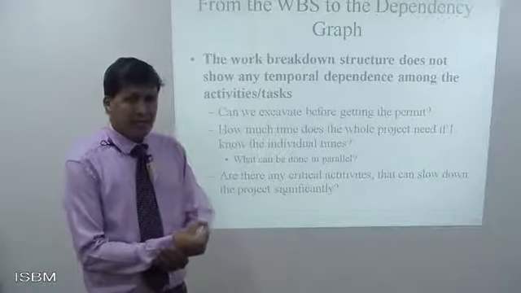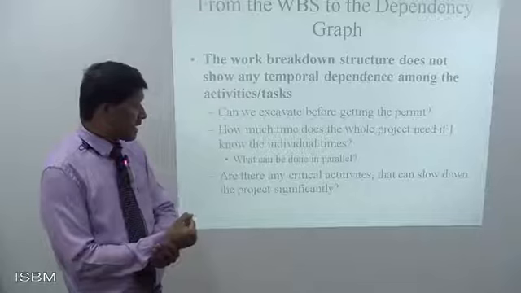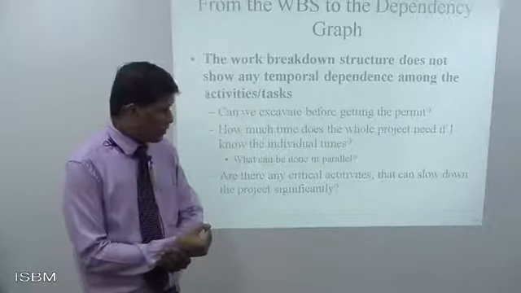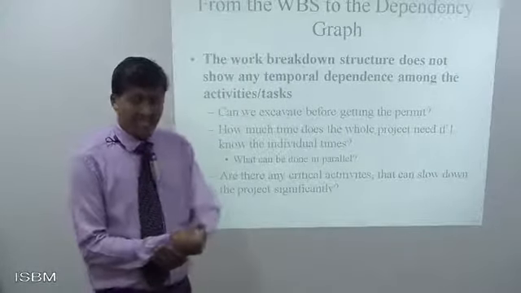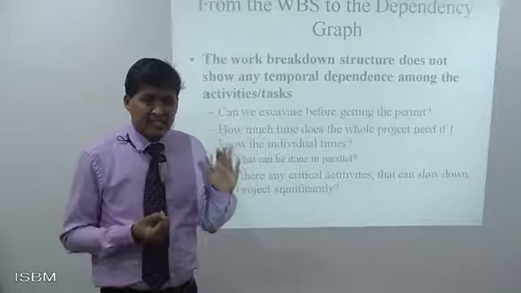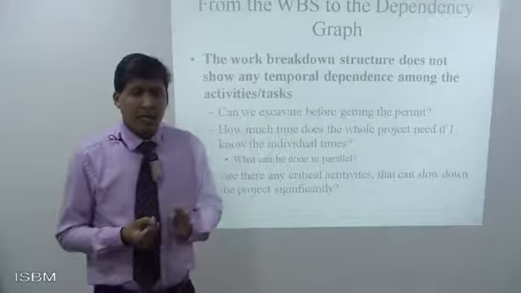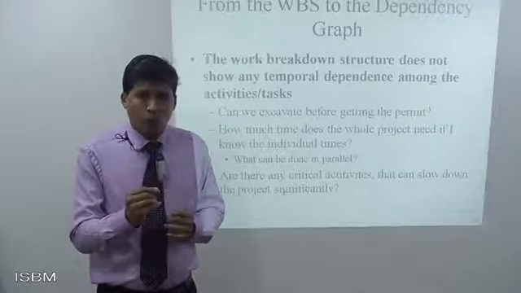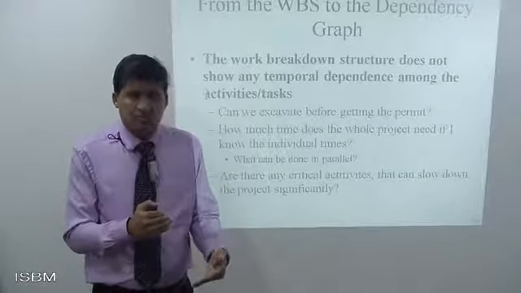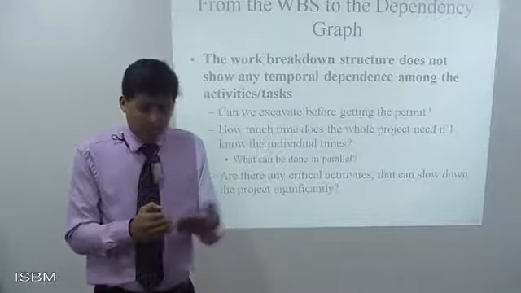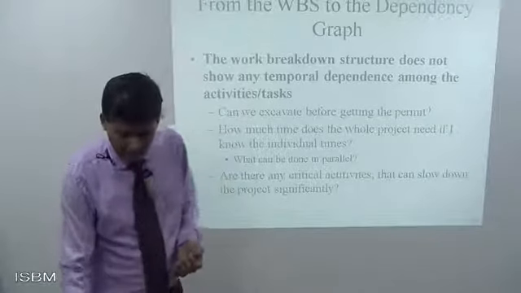What can be done in parallel? Are there any critical activities that can slow down the project significantly? Now, these are the few variables that we should know as we are delving into that subject, or if you are dividing the task into activities.